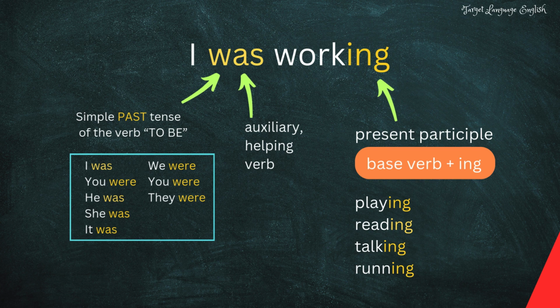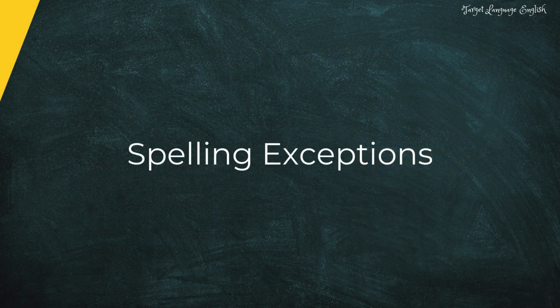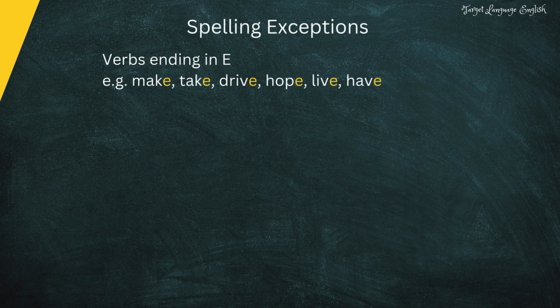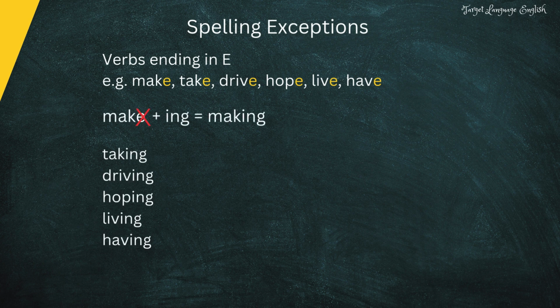However, not all verbs simply add ing. In one of our previous lessons, when we talked about the present continuous tense, which also uses the present participle, we said that there are some spelling exceptions when forming the present participle. Verbs ending in E, like make, take, drive, hope, remove the final E and then add ing.